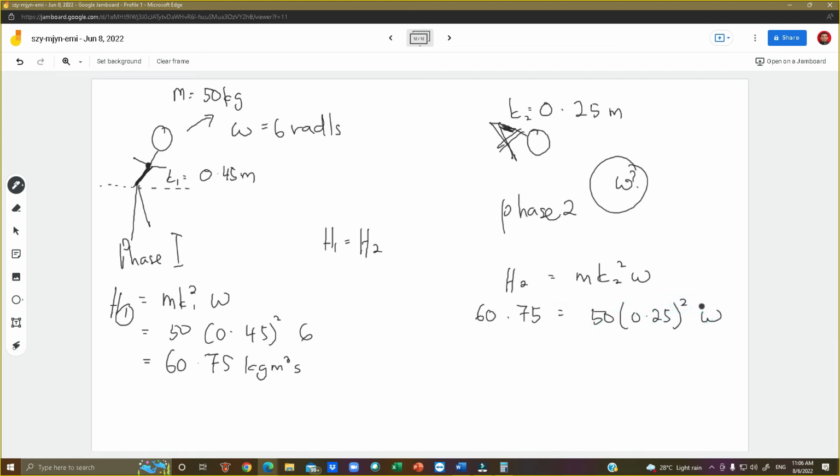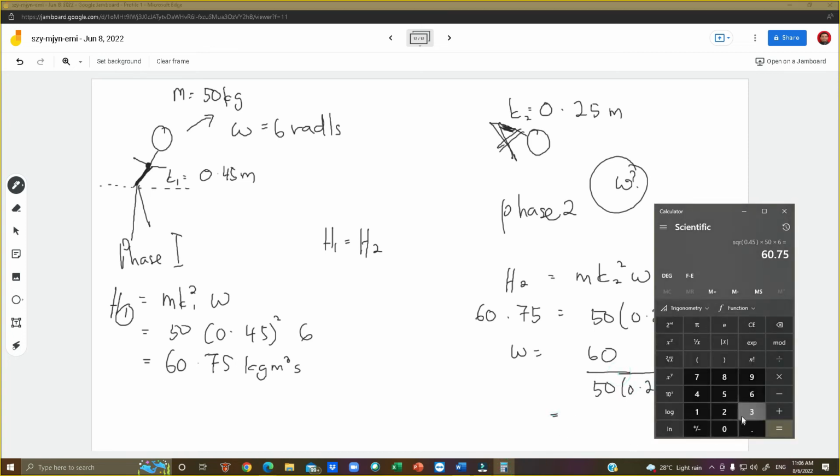Omega. We try to find out the omega. Jadi omega dia ialah 60.75 bahagi 50 kali 0.25 kuasa 2. 0.125 bagi 3.125.